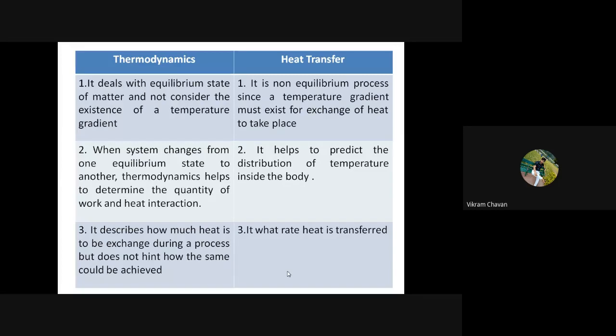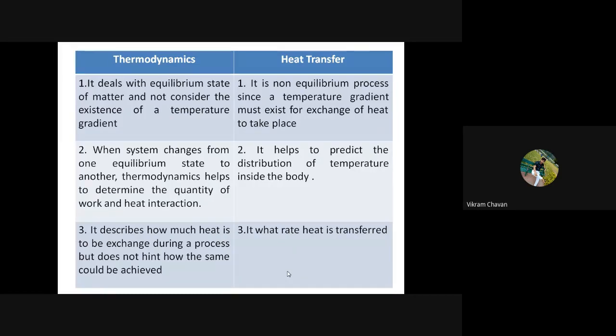As we discussed in the definition, thermodynamics deals with the equilibrium state of matter and does not consider the existence of a temperature gradient, whereas heat transfer is a non-equilibrium process.